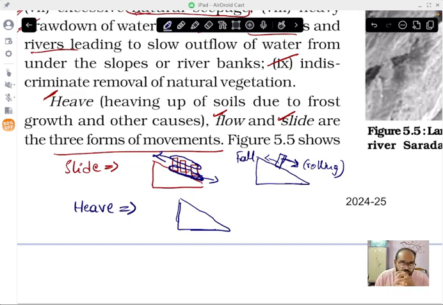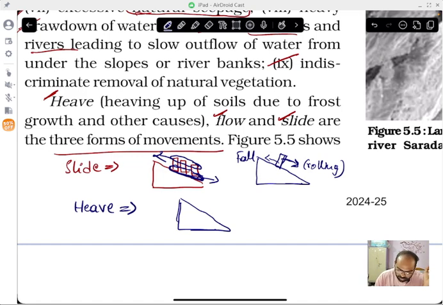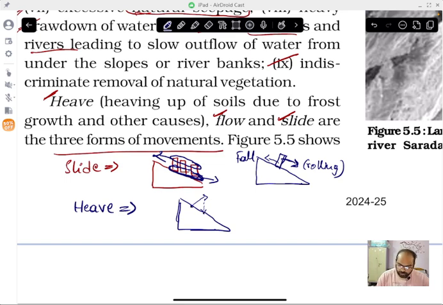Due to sunlight, the particles will expand, go up and come down. The particle is here, and due to expansion and contraction it moves; expansion happens, it goes up, contraction happens, it comes down. So there is a movement of the material down the slope due to expansion and contraction. It is called heave.